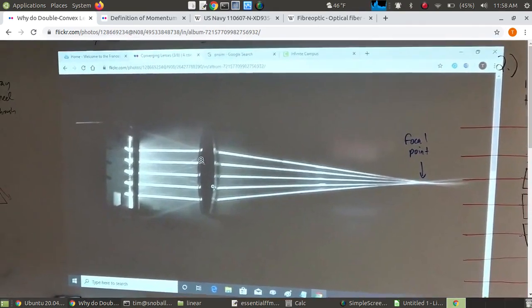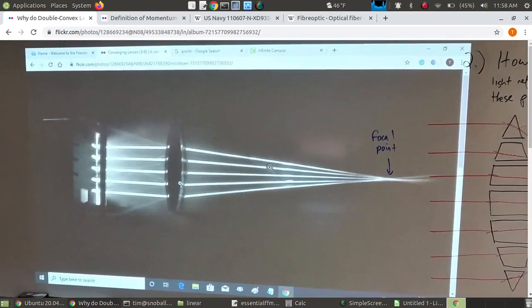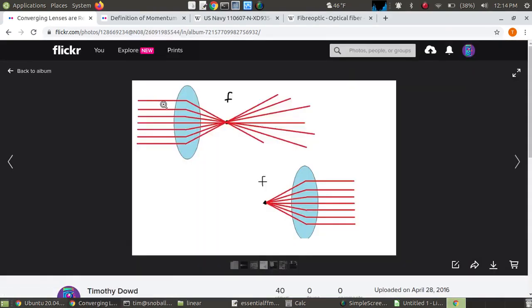The sunlight, which is from very far away, is a lot like these parallel beams of light, and a lens focuses it all to a single point. The effect is also reversible. Instead of just taking parallel beams of light and sending it to a focal point, if you had a light source at a focal point and those beams of light left it and hit the lens, they would actually be sent parallel.